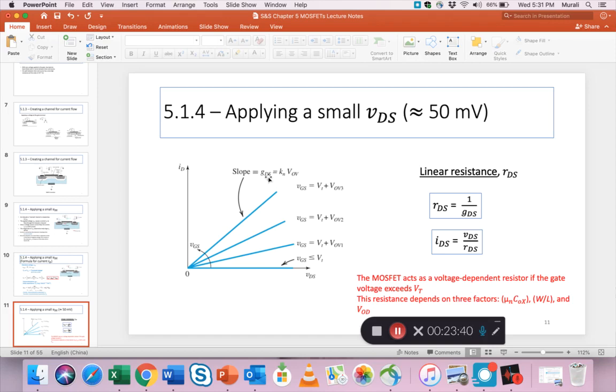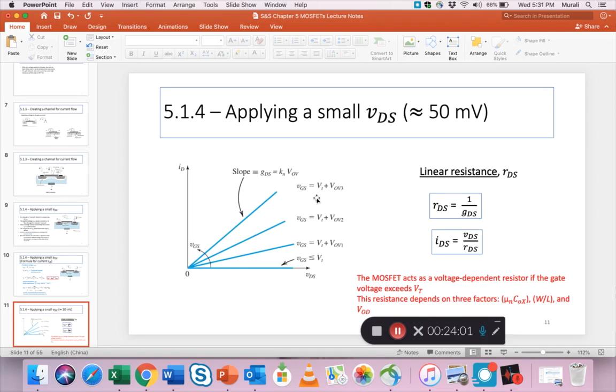Slope is generally 1 by R; in most Ohm's law formulas and graphs, you have seen that a slope gives you the connection between current and voltage. The same thing here, but the slope also depends on the magnitude of VGS.